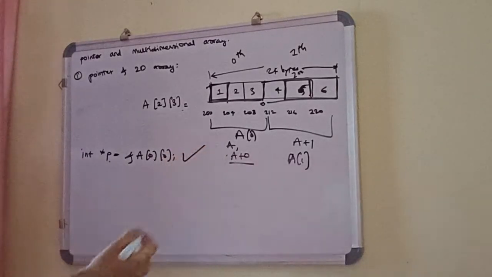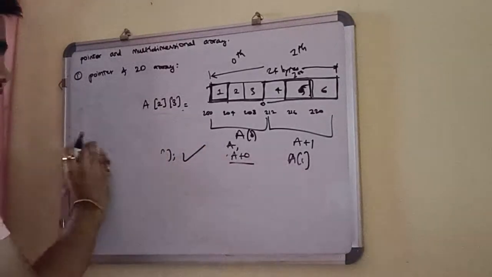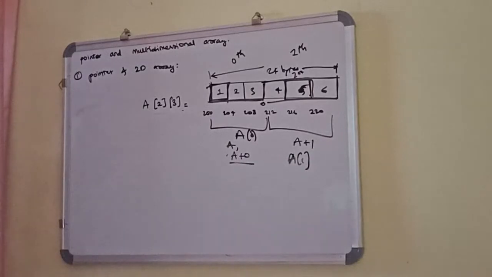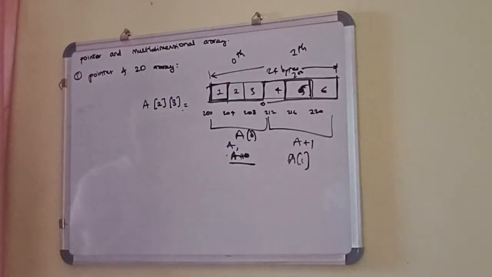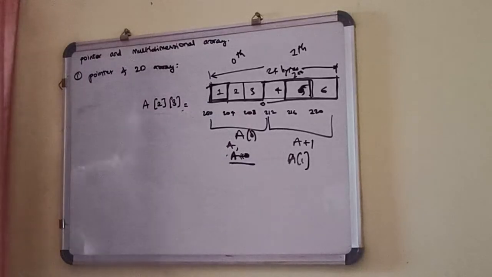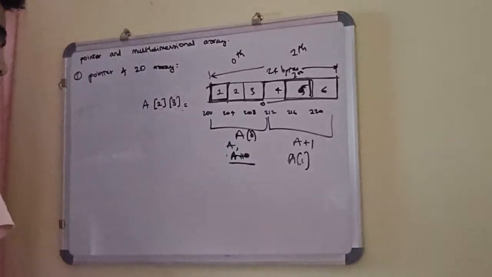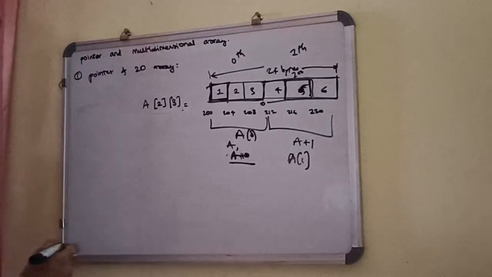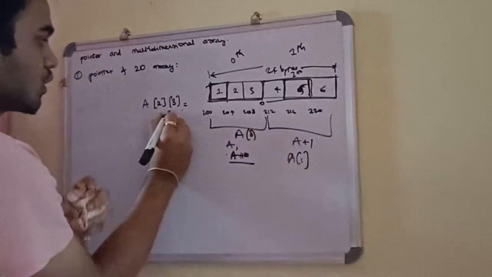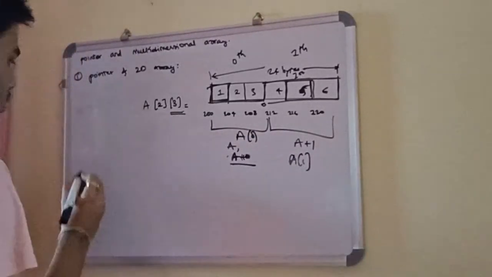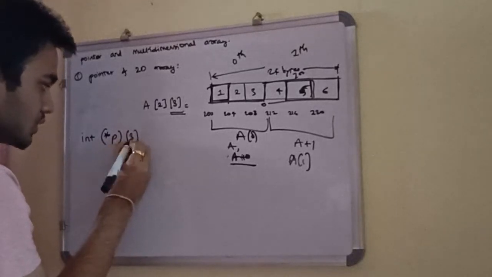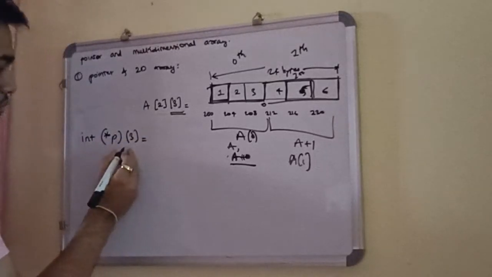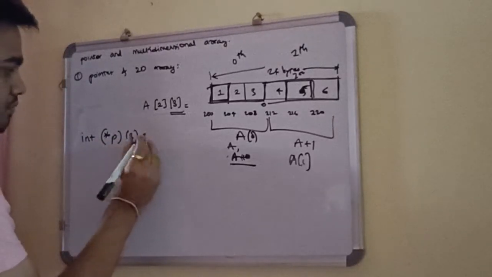This statement is valid, but in order to use pointer arithmetic for this 2D array, from the previous concept, that is the pointer to a block, we can create a pointer to a block of size of the row. Here the row size is 3, so we will create a pointer p to an array of integer type of size 3.